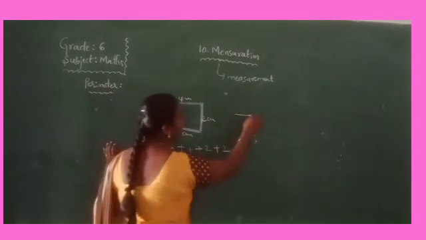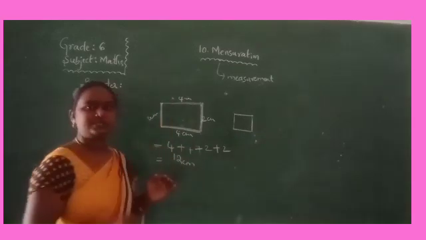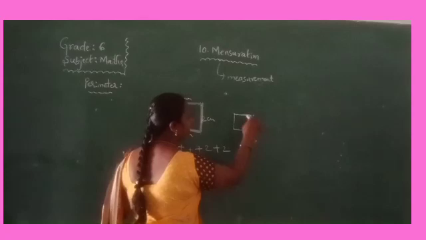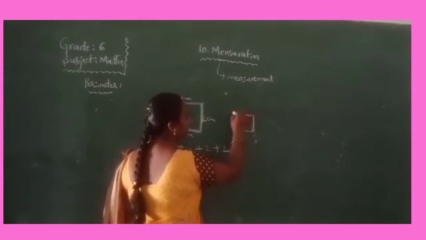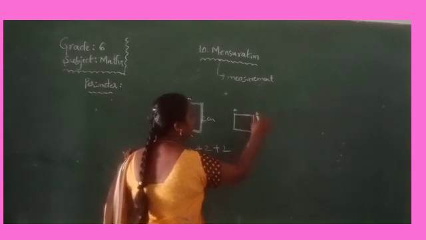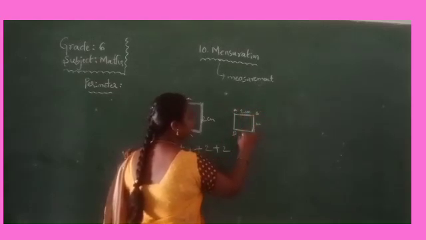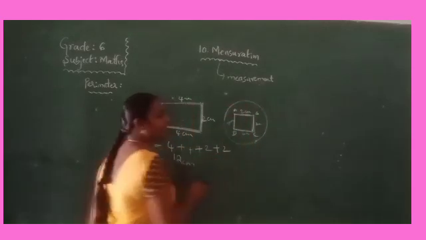What is the shape of this? It is the shape of a square. Square means all sides are equal. How many sides does it have? 4 sides. Suppose it is square ABCD. Each side is 2 centimeters. Then what is the perimeter of this square?